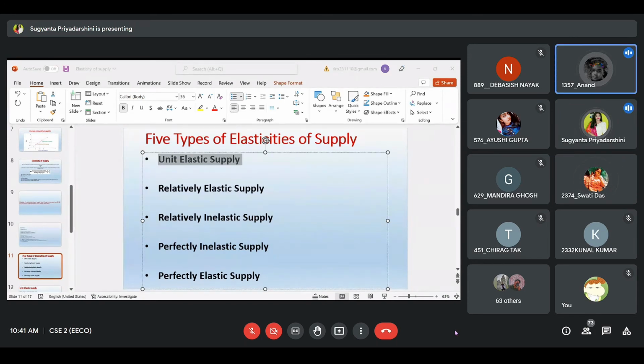What I'm saying is, when elasticity equals 1, that's unit elasticity. But when will elasticity be one, Anand?